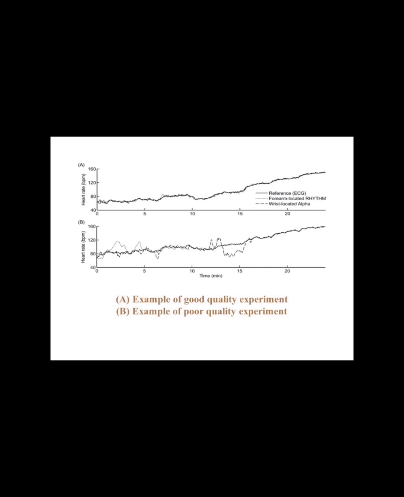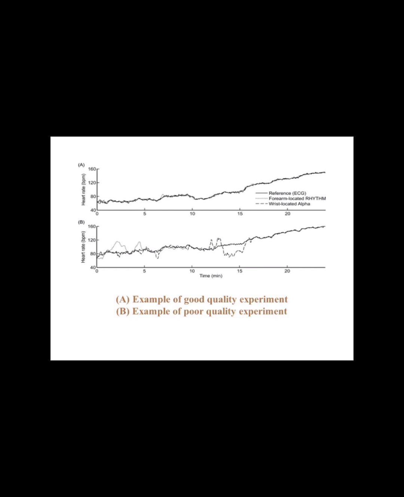On the y-axis you can see heart rate in beats per minute, and the dark one is the reference, the dotted one is the forearm located Rhythm, and the next one is the wrist located Alpha. You can see there is no difference between these two. It is more or less similar to the reference. So for both the forearm and wrist, we get a somewhat accurate, good result.